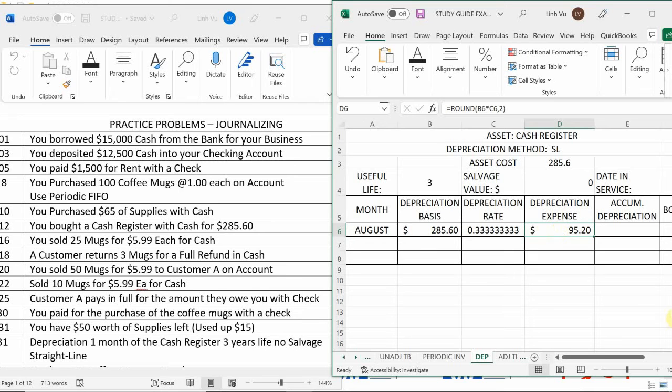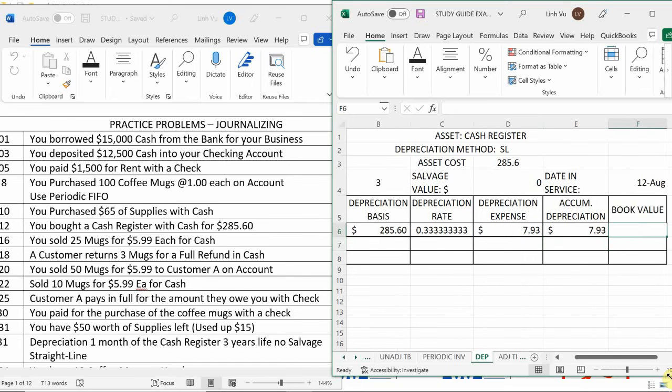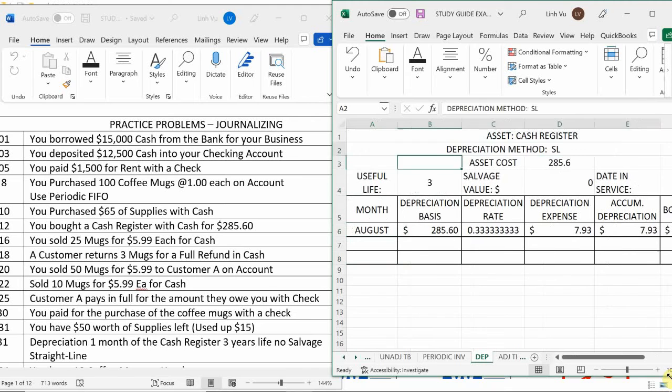It would be 7.93333. Good, right? $7.93. If you want to fill out the rest of the table, you can, but you don't have to because you just need the depreciation expense. So for the month of August, you're going to depreciate your asset by $7.93.